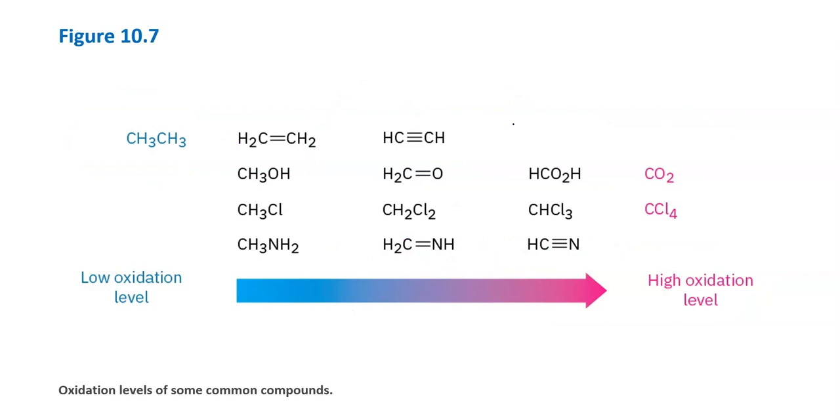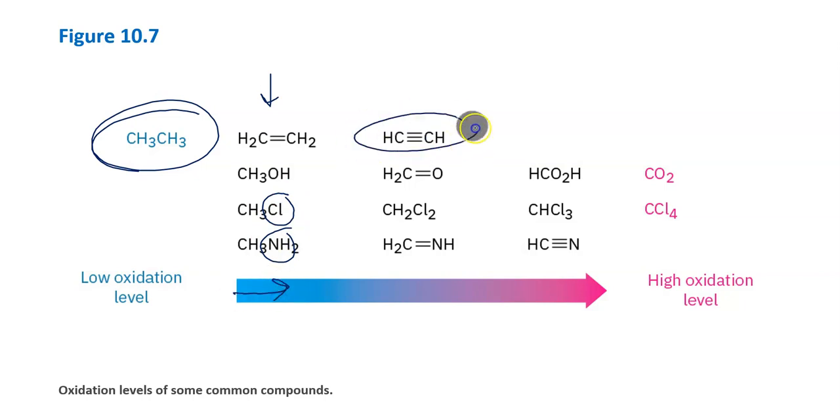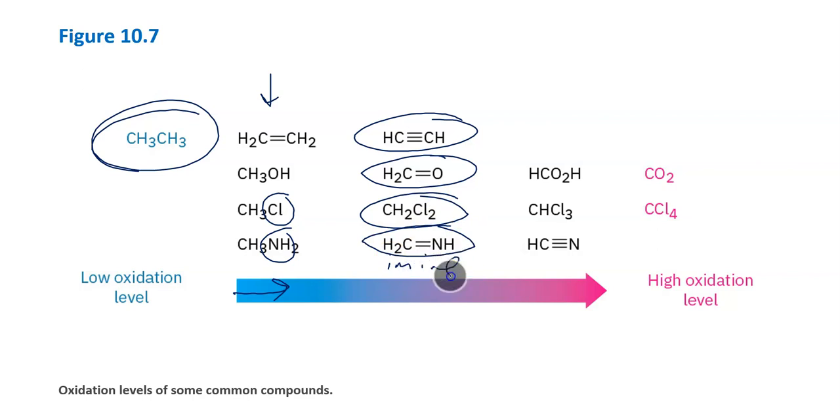And here are just some examples. Your very boring unoxidized alkane, fully saturated, is ethane. And then as we make more bonds to oxygens or chlorines or nitrogens, it's getting more oxidized. And we make multiple bonds to carbons, or a double bond to oxygen, a couple more chlorines on there, make this imine bond, which you're not quite familiar with yet, but it's called an imine.